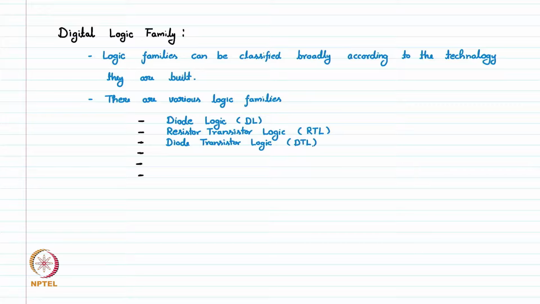This we can call DTL. Then we have emitter coupled logic, or ECL.